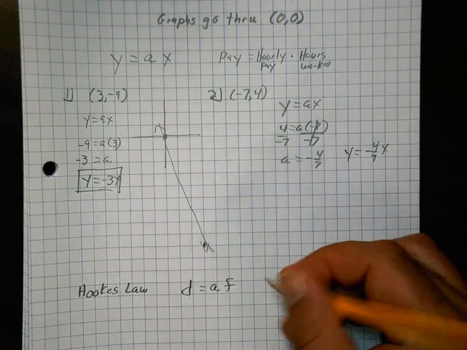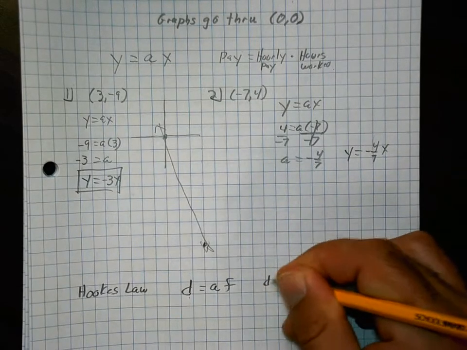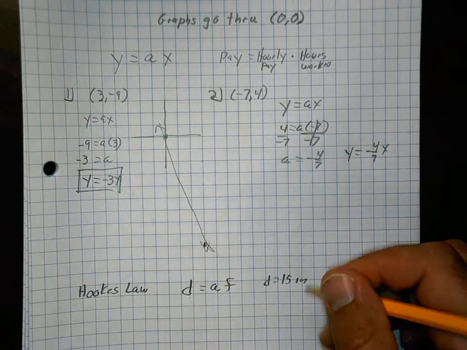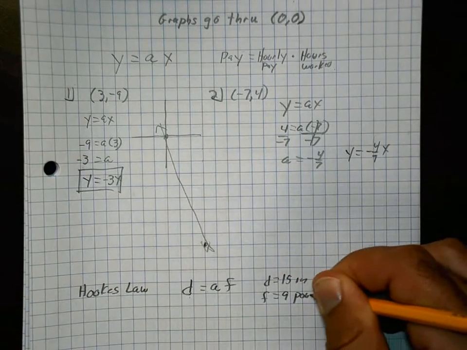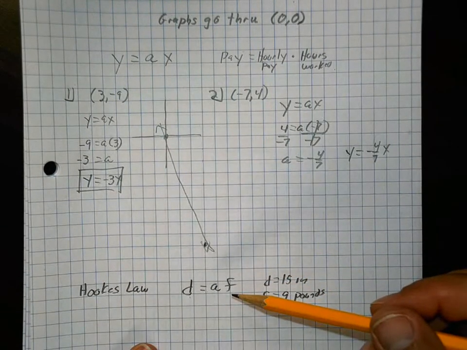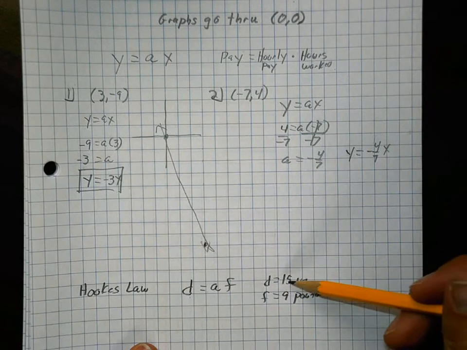So let's say we have a spring and it stretches 15 inches when I put a force of 9 pounds on it. What is the equation for that spring? What is the direct variation equation?